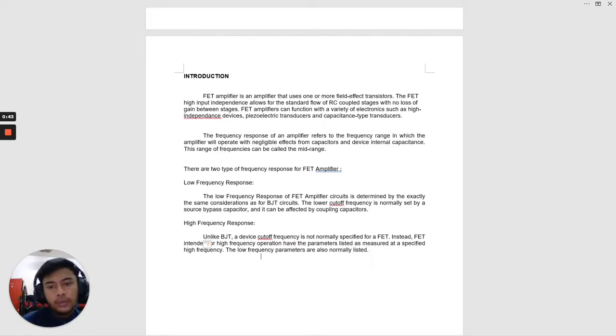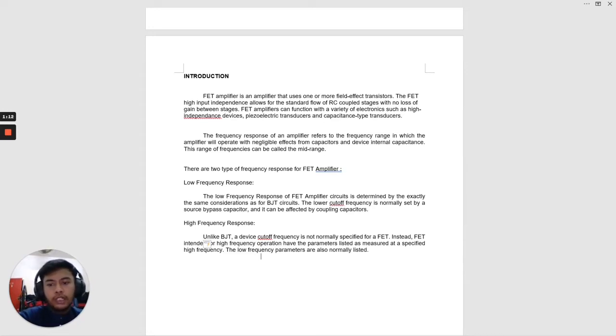The frequency response of an amplifier refers to the frequency range in which the amplifier will operate with negligible effects from capacitors and device internal capacitance. This range of frequencies can be called the mid-range. There are two types of frequency response of a FET amplifier, which are low frequency response and high frequency response.